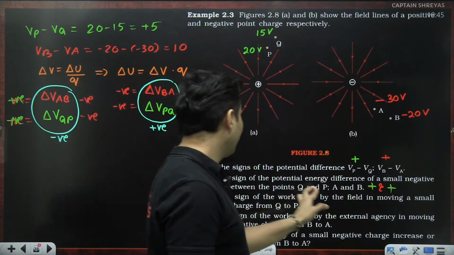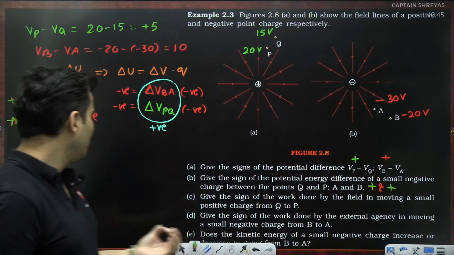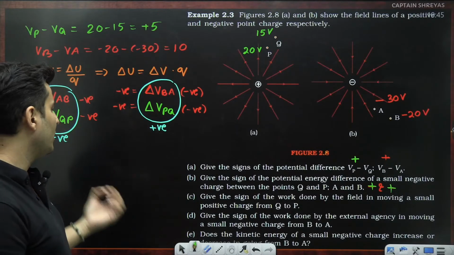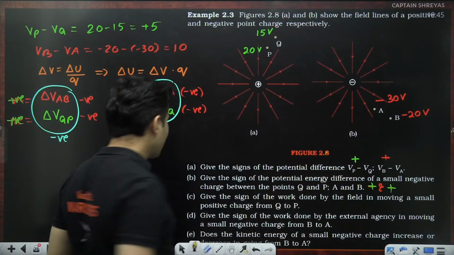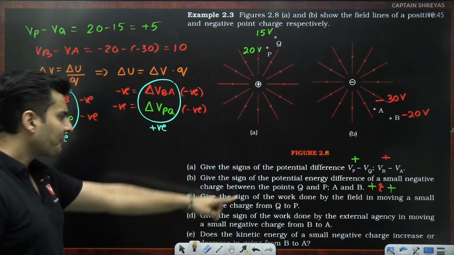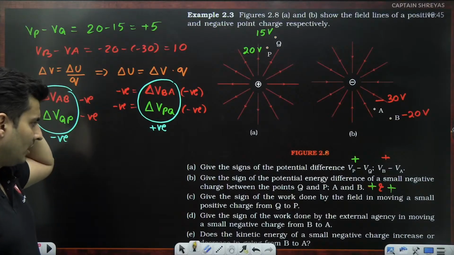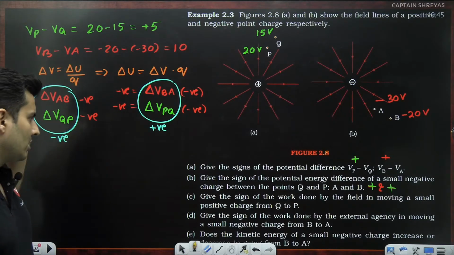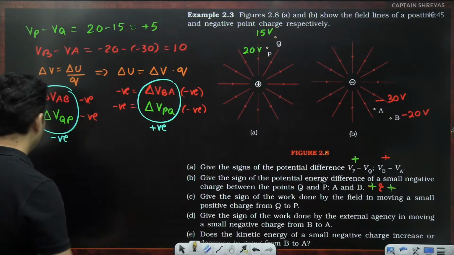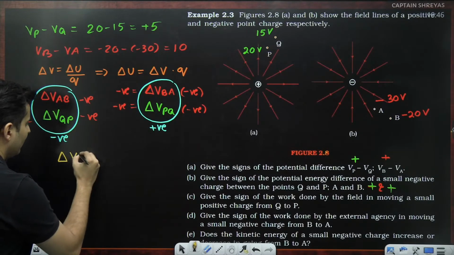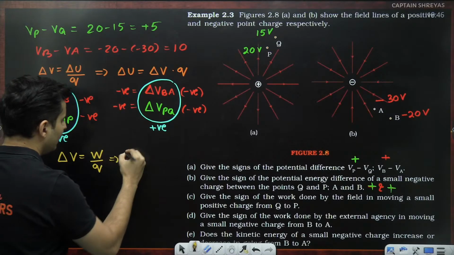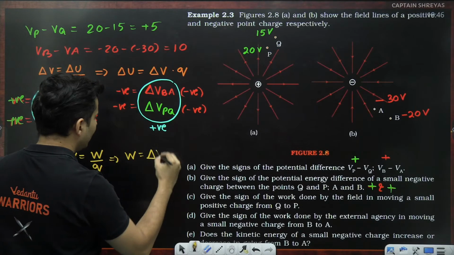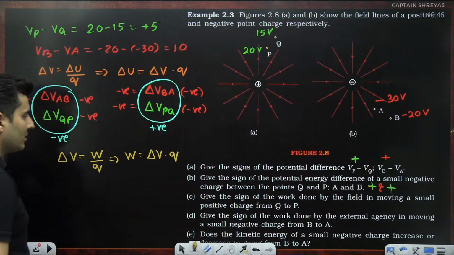Give the sign of the work done by the field in moving a small positive charge from Q to P. When you are moving a charge from one point to the other, we know that the voltage difference is the work done per unit charge. That means the work done is the voltage difference multiplied by the charge.